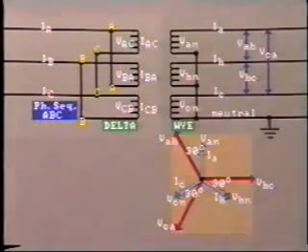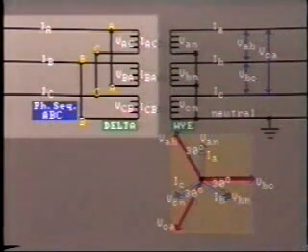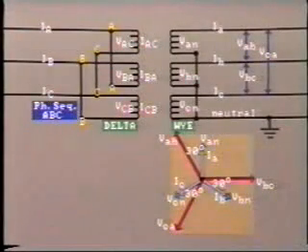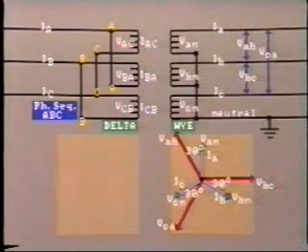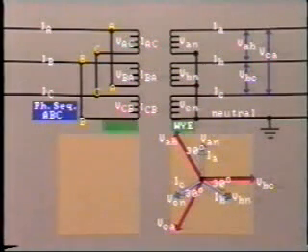But let's move over now and draw the phasor diagram for the primary of this transformer. Usually, the primary and secondary phasors are drawn on the same diagram, but in this case, for clarity, we'll construct a separate phasor diagram. Note that the primary is connected in delta.